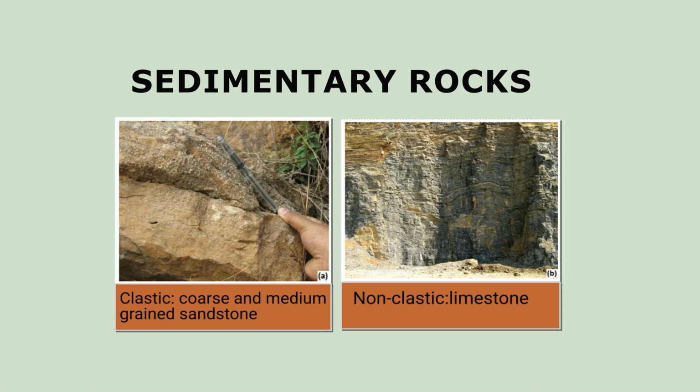Now, two examples are given in the figure. If you see that, one clastic which is coarse and medium grained sandstone, and non-clastic is limestone. Now, what is the difference between the two? The sandstone is formed by mechanical weathering and subsequent processes.